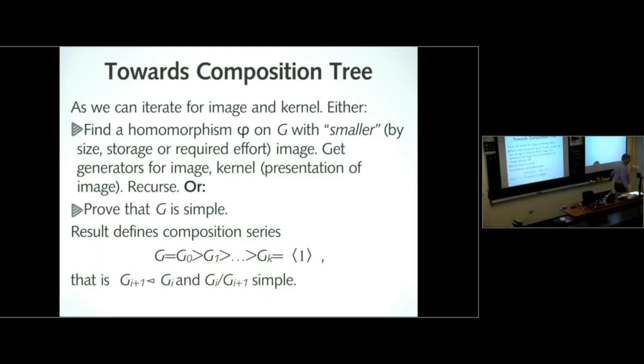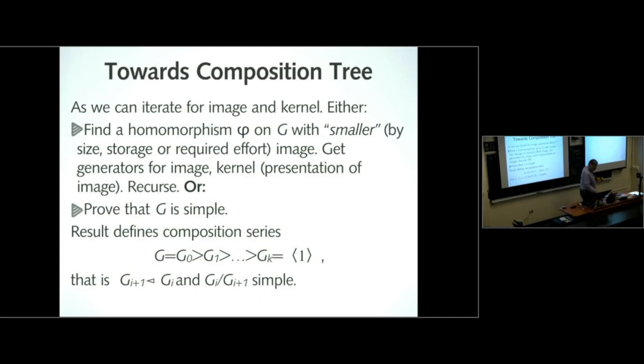We might be happy even if it's not smaller in group size, but smaller in the way it is represented. Then we go to the image, get a presentation, get generators for the kernel, and we recurse in both cases, or that structure would prove that the group is simple. And in this case, we get a composition series.